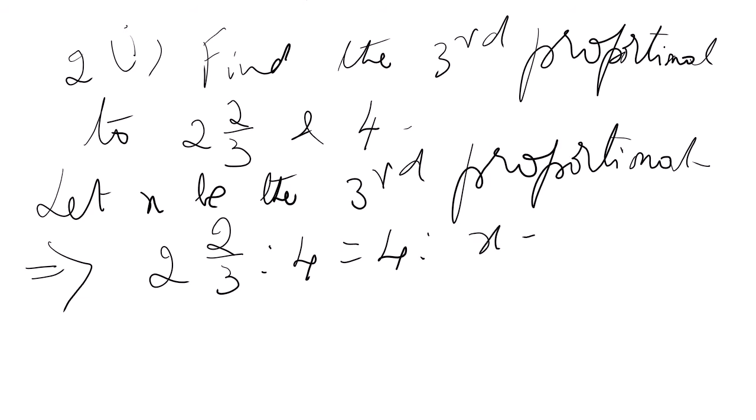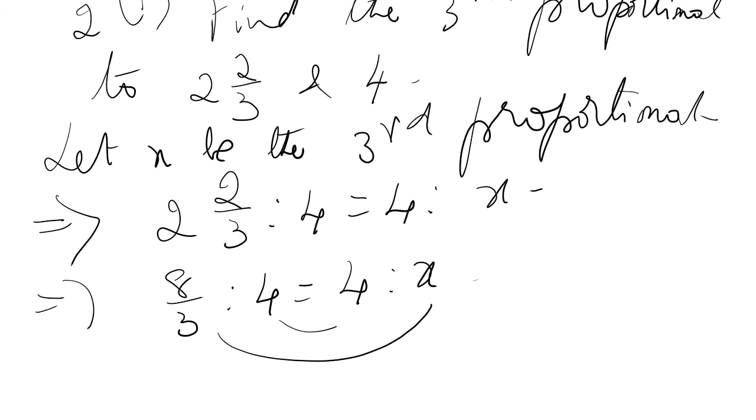Okay. So this implies 2 upon 3 is to 4 is equal to 4 is to x, and then you find out x using the formula: product of the extremes is equal to product of the middle terms. So continue.